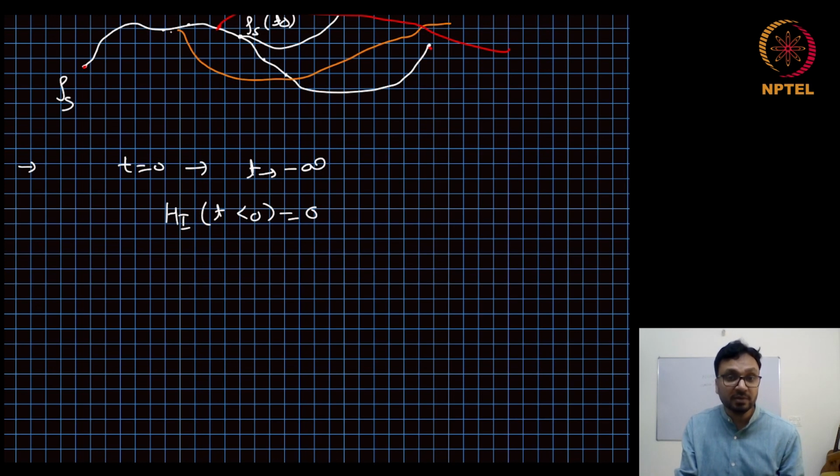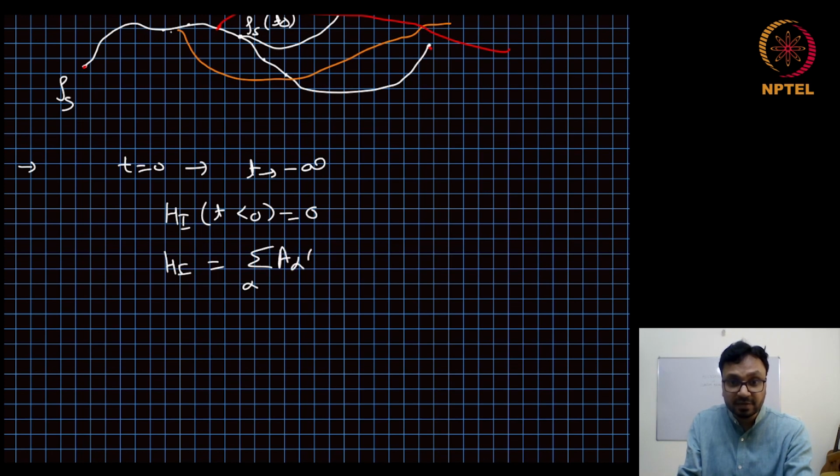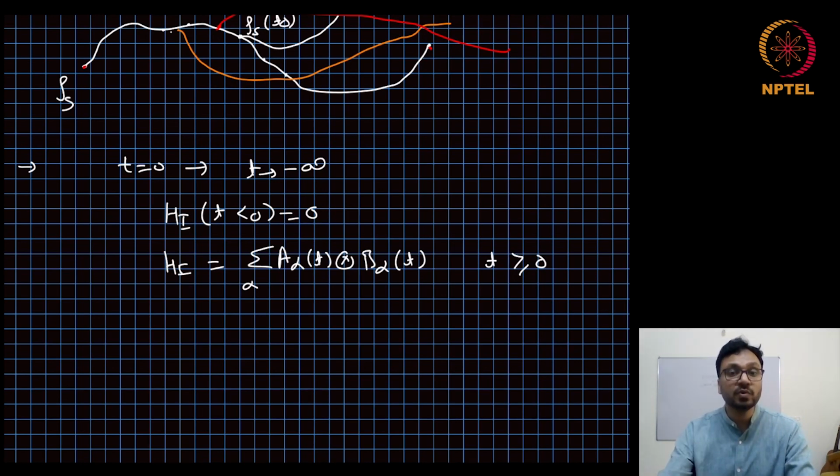So the interaction between the system and bath before t equals 0 was 0, and after time 0 it was given by the sum over alpha of A alpha(t) tensor B alpha(t), for t greater than or equal to 0. For t less than 0, the interaction Hamiltonian is 0.